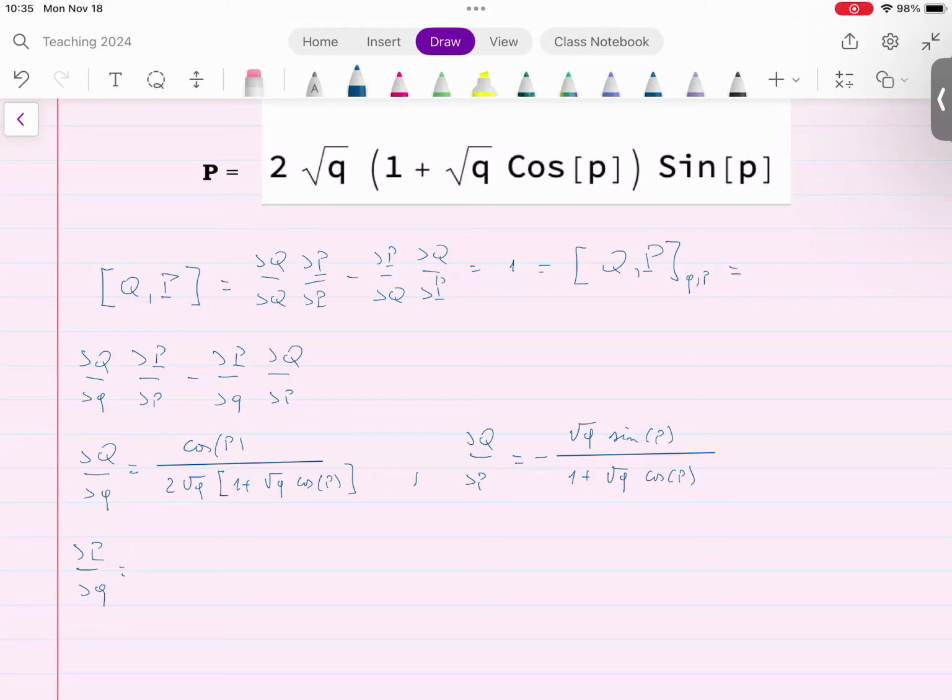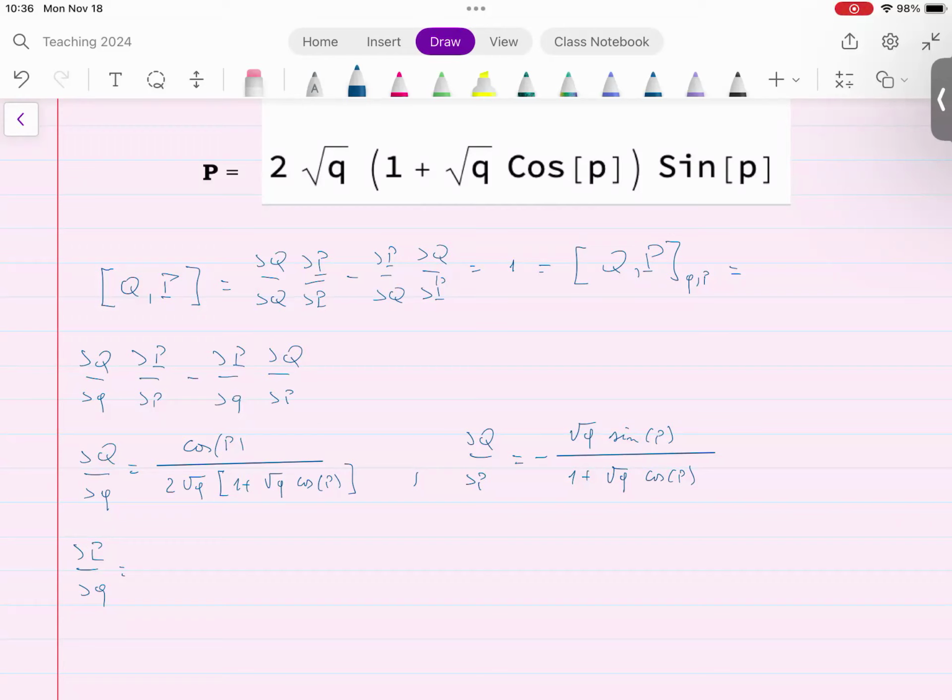Okay, so let me do it this way. I have 2 terms, the 2 square root of q times sine of p and the 2q times sine of p cosine of p.